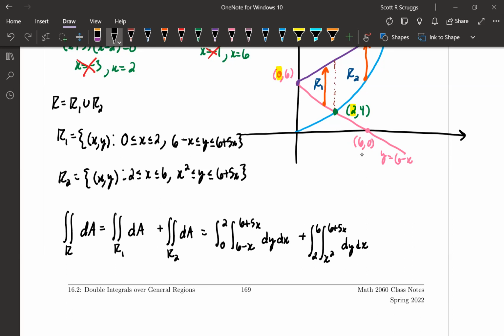And now I integrate both of those separately. If I integrate, same for the second integral.